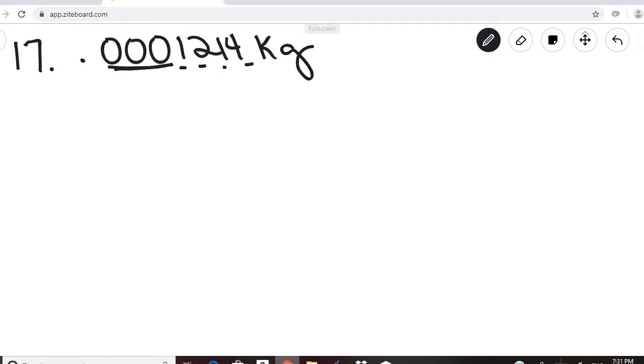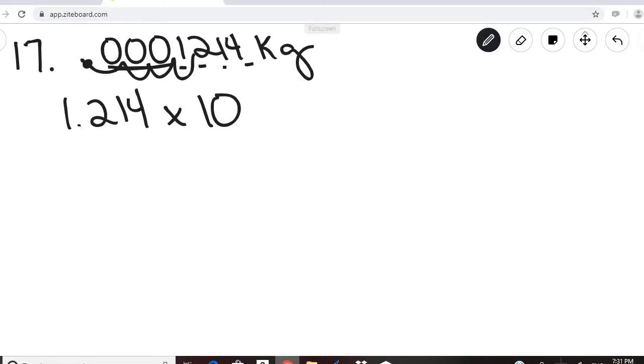So we have 4 significant figures. So we're going to put 1.214 times 10 to the what? If there are decimal places here, we have to move it 1, 2, 3, 4 places to the right. So since we moved the decimal place to the right, it would be times 10 to the negative 4 kilograms.